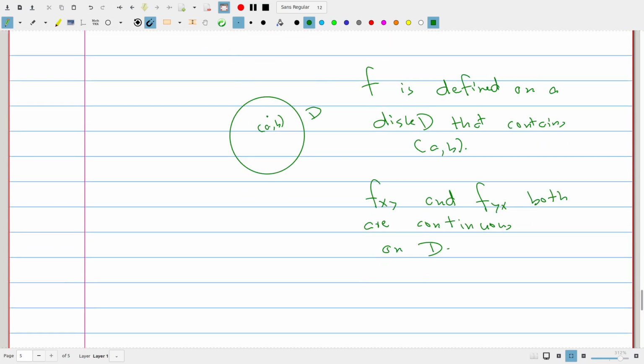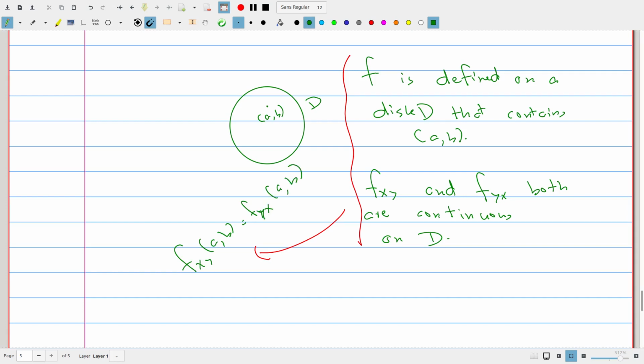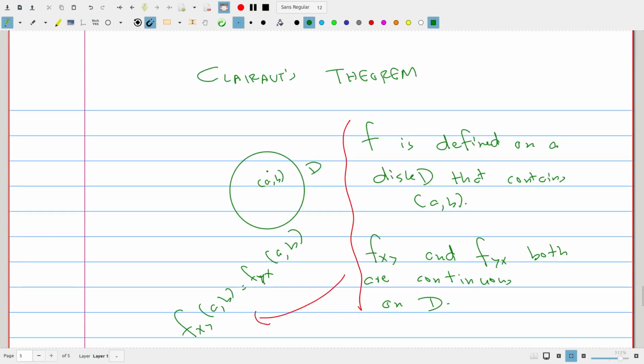If these two hypotheses are true, then we have the following conclusion: fxy at (a, b) equals fyx at (a, b). So f has to be defined on a disk that contains (a, b), and both fxy and fyx have to be continuous on that disk. If that is the case, then fxy equals fyx.